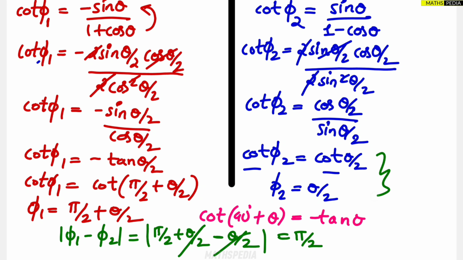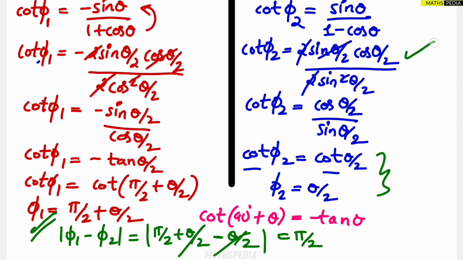A few more steps are required, but it is also fine. You can proceed with this method also, because this method can be utilized in other problems, in numericals where we have questions to find the angle of intersection between two curves. There you can apply this particular formula. So it is good for you to practice this kind of problem. Otherwise you can take tan itself.